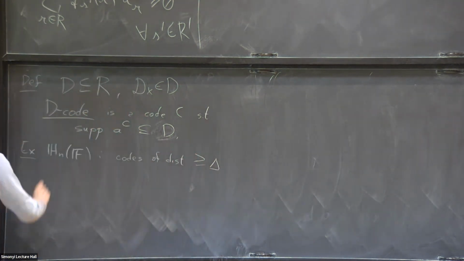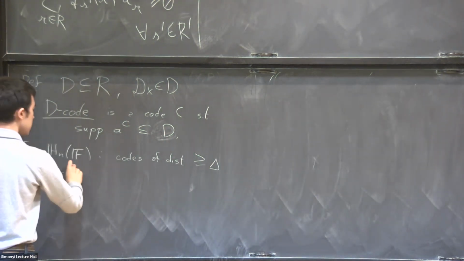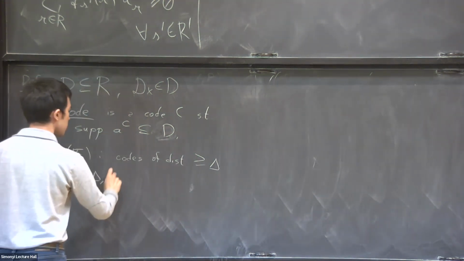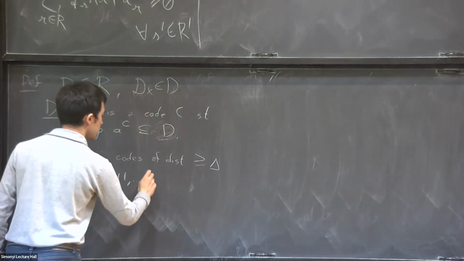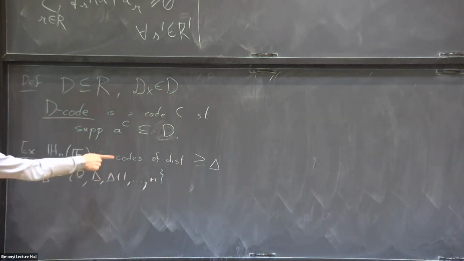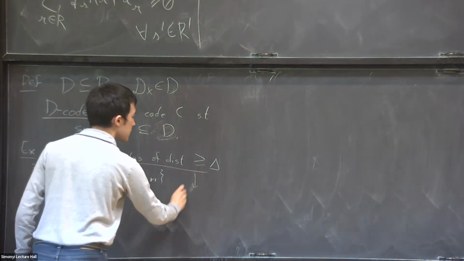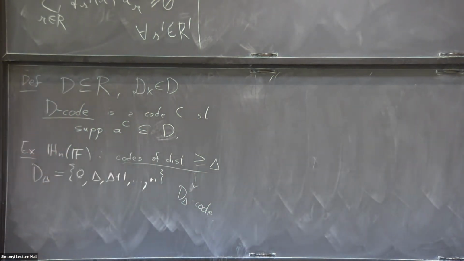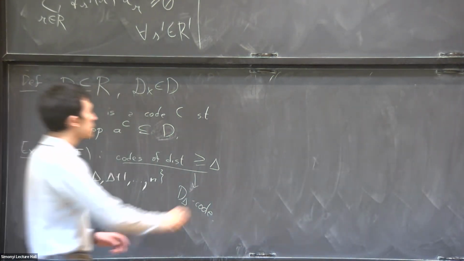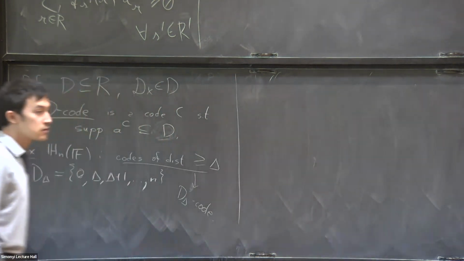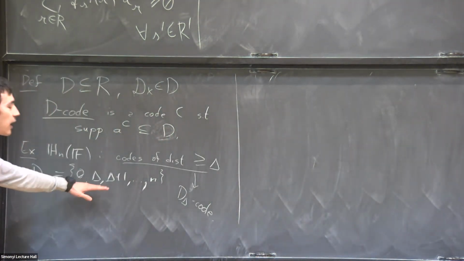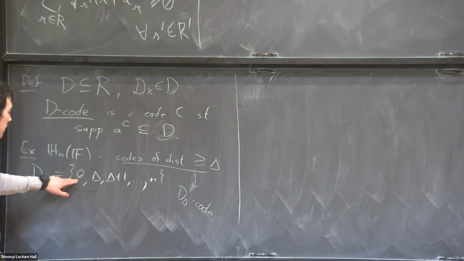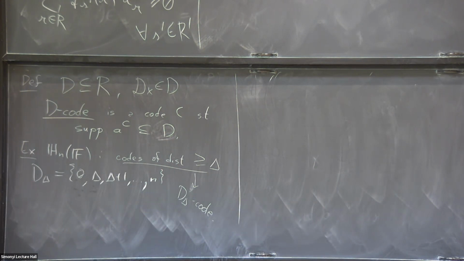So I say, well, let's take D_delta to be 0, delta plus 1, etc. up to n, and a code of distance delta is the same thing as a D_delta code. These are the allowed distances: either it's 0 because it's the same codeword, or it's delta plus 1, anything larger than that.